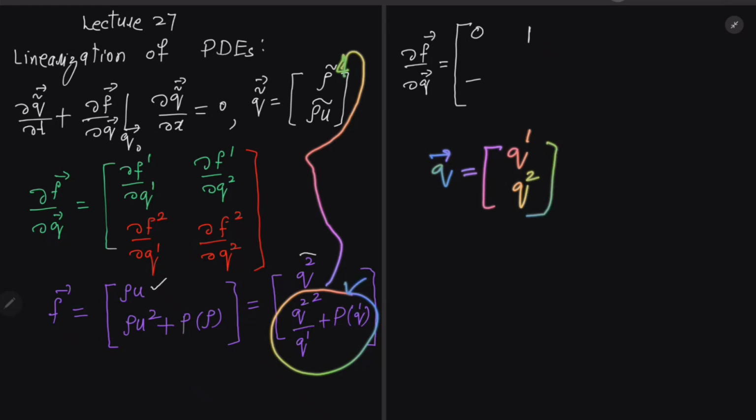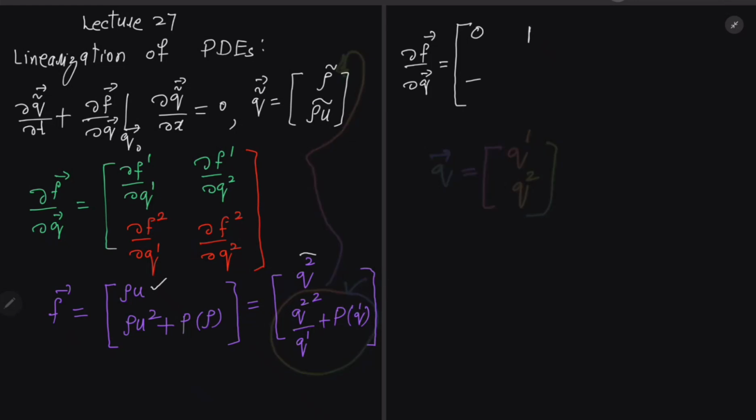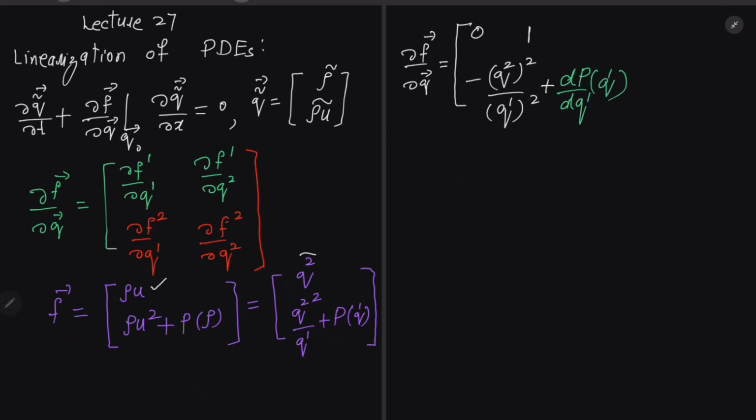So that will be equal to minus q2 square divided by q1 square. Then we have the derivative of p, p dash, the derivative of p with respect to q1. Remember that. So we have dp by dq1, and we evaluate this at q1.